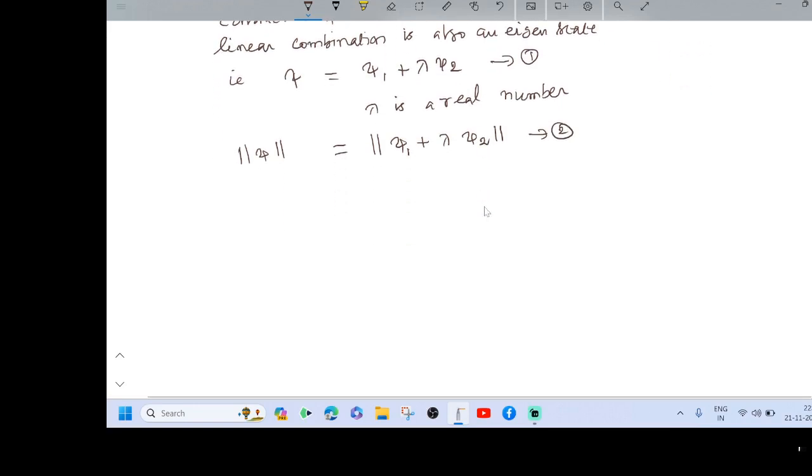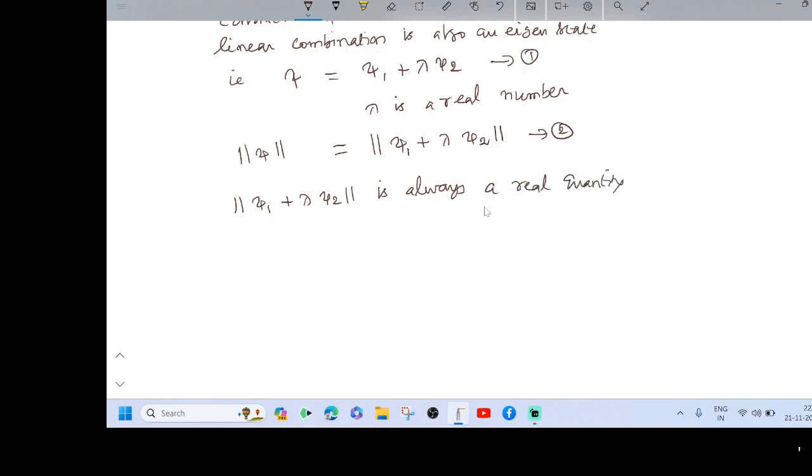Now, the norm of psi1 plus lambda into psi2 is always a real quantity.